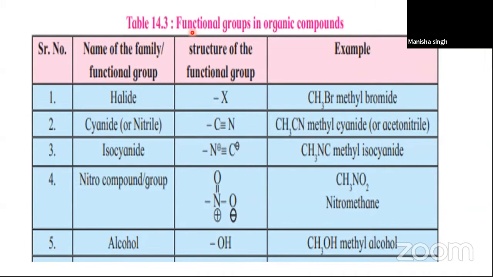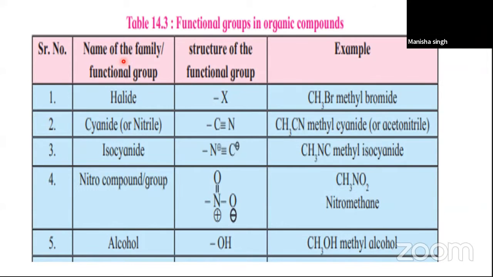Now, these are the various functional groups present in organic compounds. The functional groups are very important because only the functional group takes part in a reaction. If the functional group is not there, the reaction won't happen.